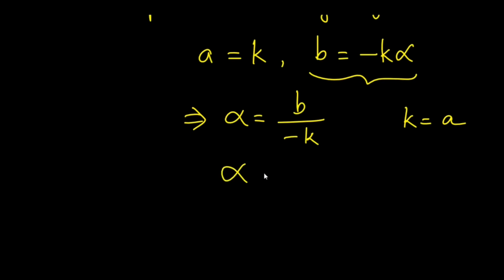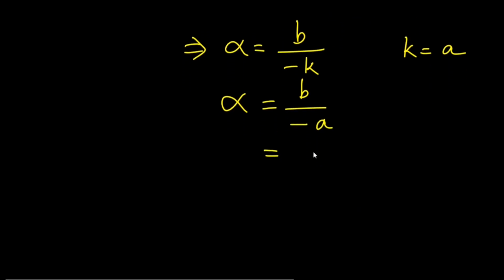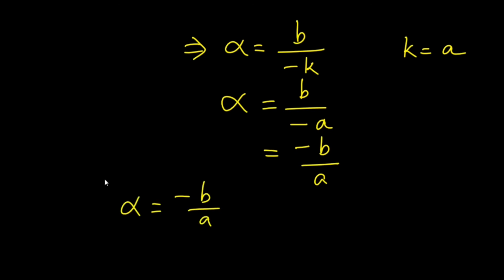So alpha is equal to b by minus a. This can be written as minus b by a. By writing the fraction in simplest form, we are getting alpha is equal to minus b by a. This is the relation for linear polynomials.